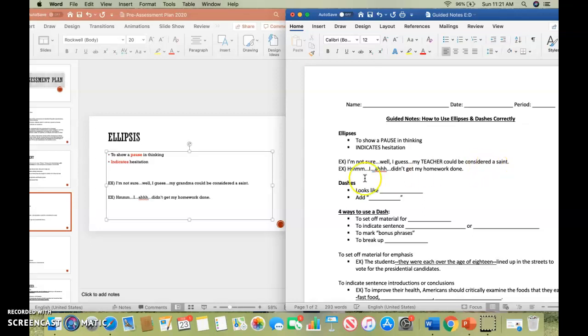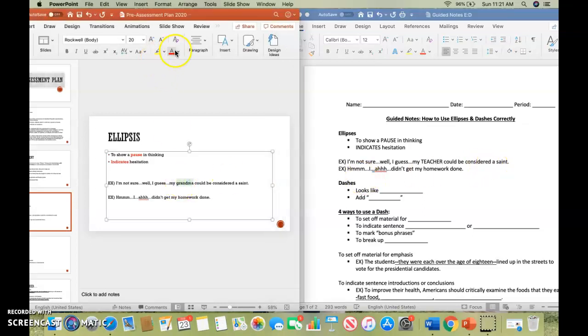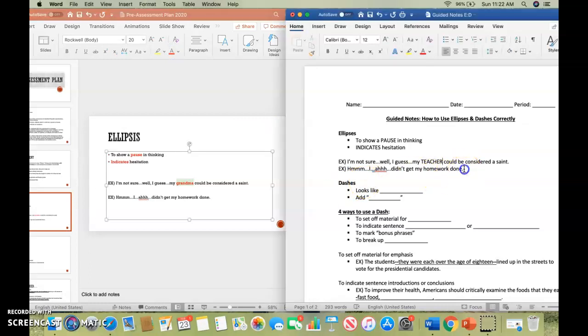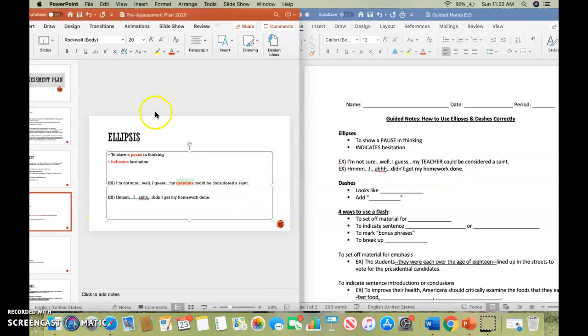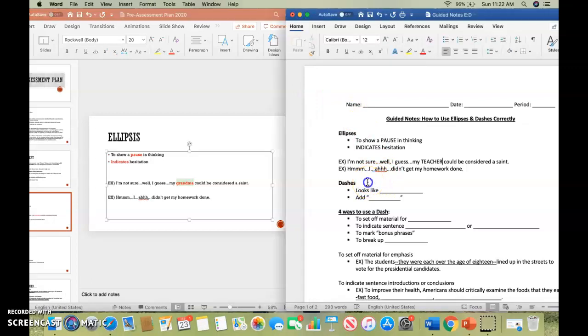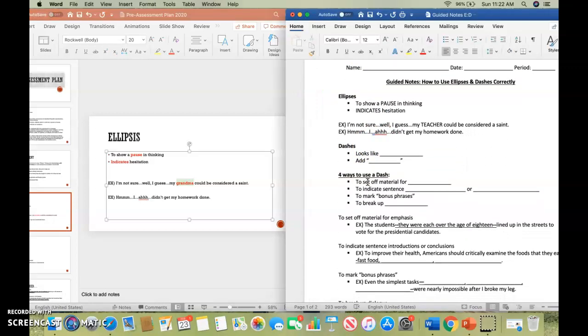My grandma, my mom, whichever, okay? Just a fun example. Or, I didn't get my homework done... I wonder how many of you have used that throughout your careers, okay? So really simple ellipses, giving us that weird pause, some indication of hesitation, good stuff like that. So those are really fun. You always enjoy doing those for sure.